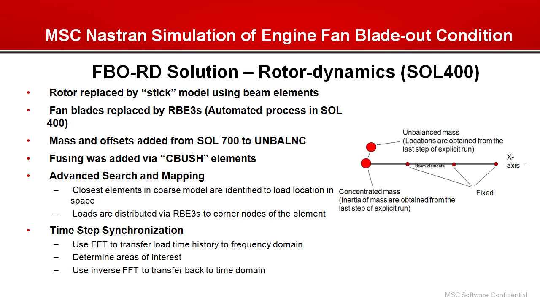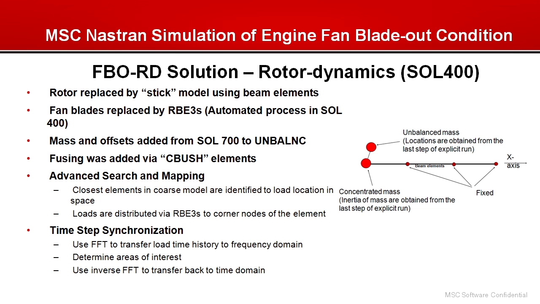These rigid spokes are generated automatically again in 400 based on the data which is stored in the master database. Mass, inertia, and offsets are added from SOL700 to a new entry in SOL400 called unbalance. These variables are printed out in the SOL700 output file.